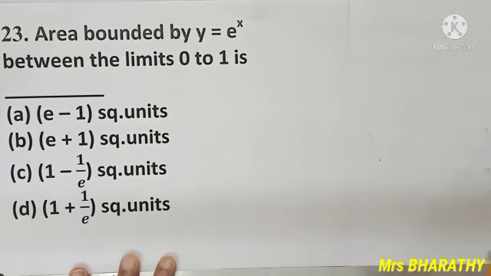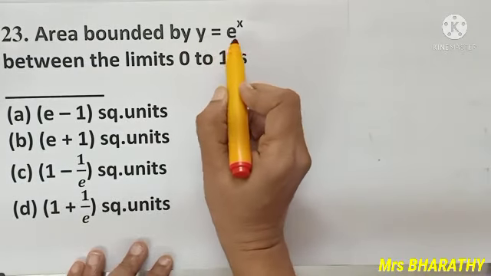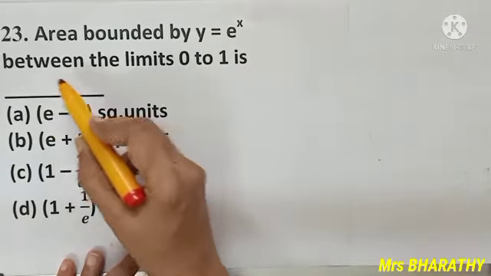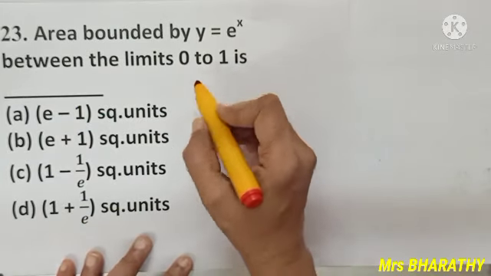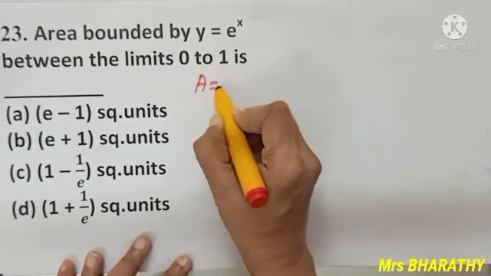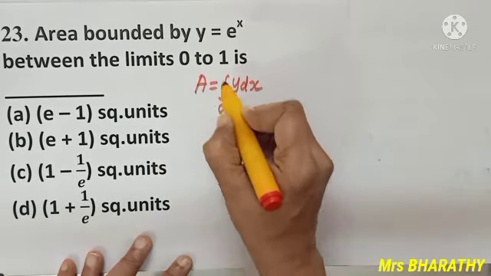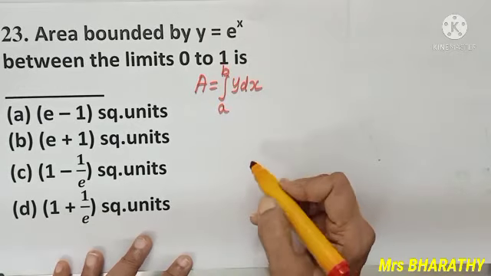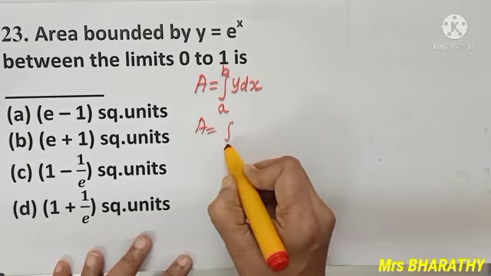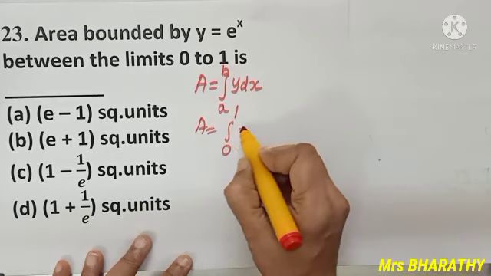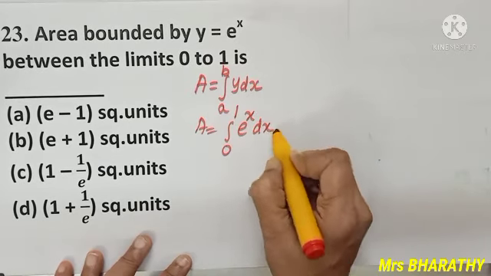Question number 23, area bounded by y equals e power x between the limits 0 and 1. We recall the formula A equals integral y dx between a and b. Here the limits are 0 to 1 and y is e power x dx.